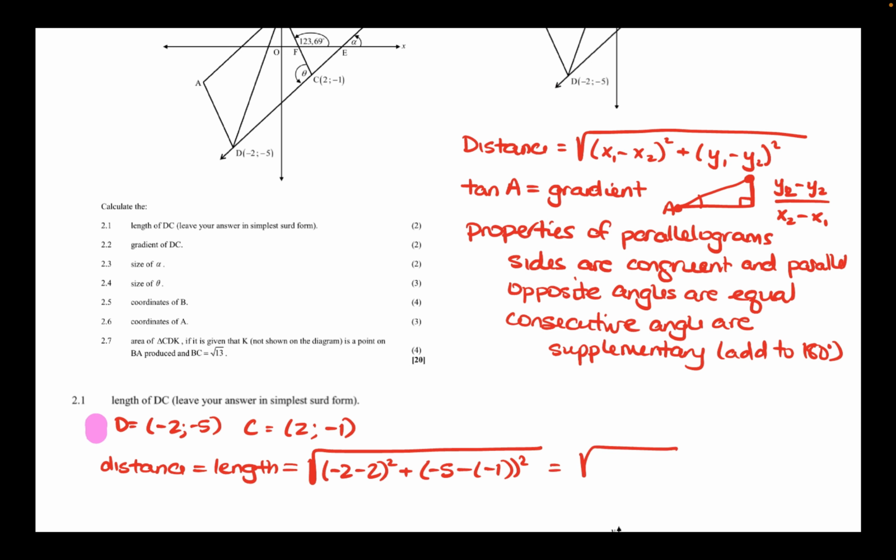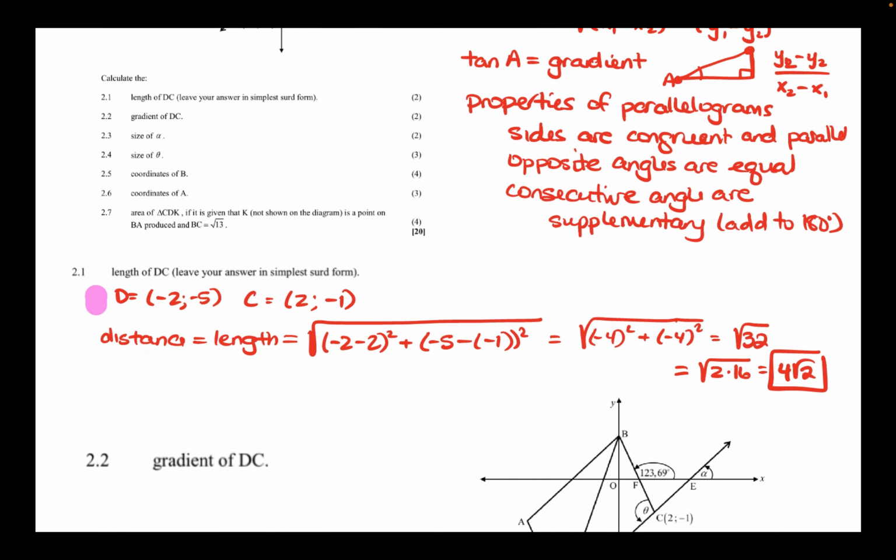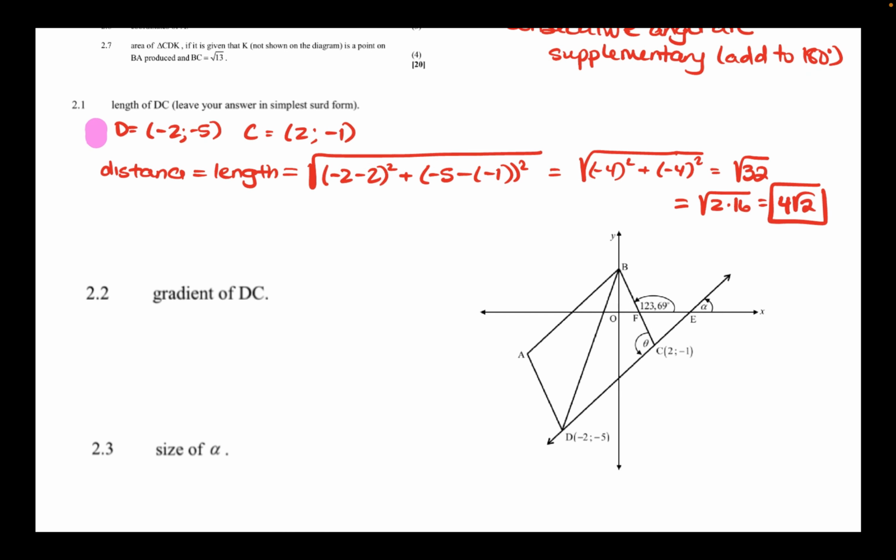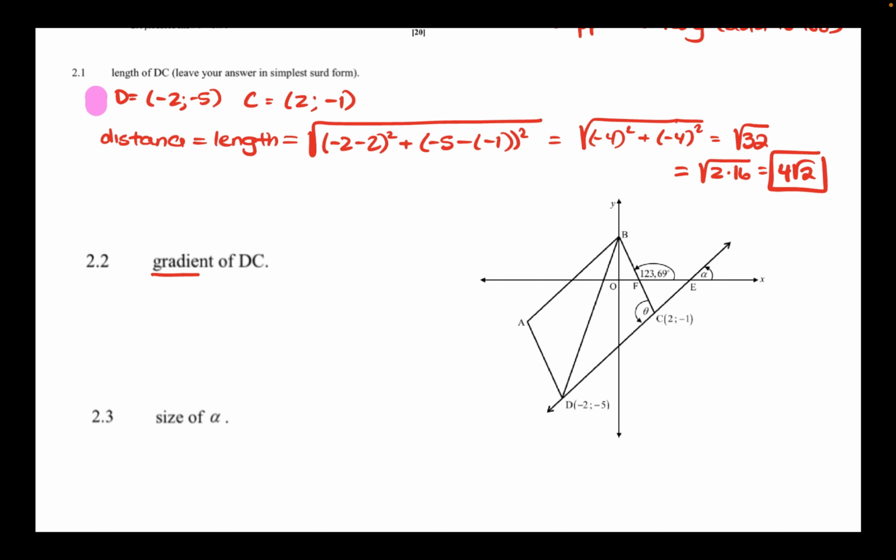So we get the square root of (-4) squared plus (-4) squared, or the square root of 32. They asked us to put it in simplest surd form, so that will be 4 square root of 2. Okay, 2.1 is completed.